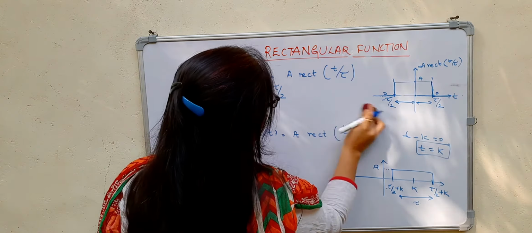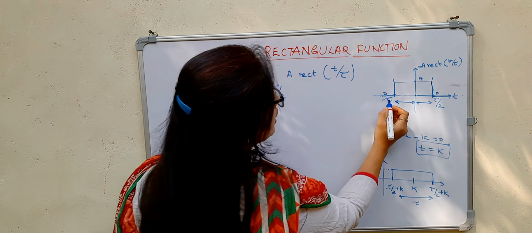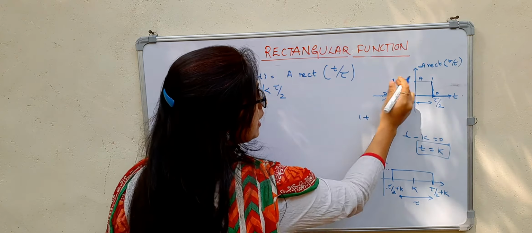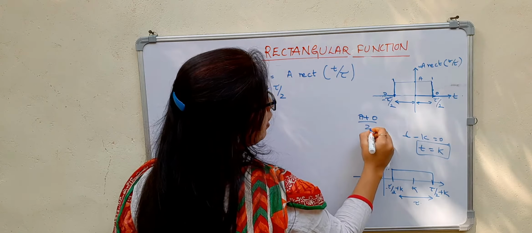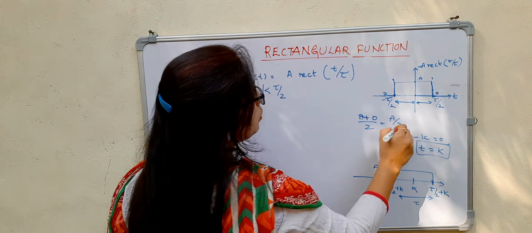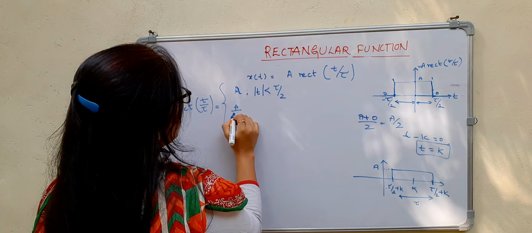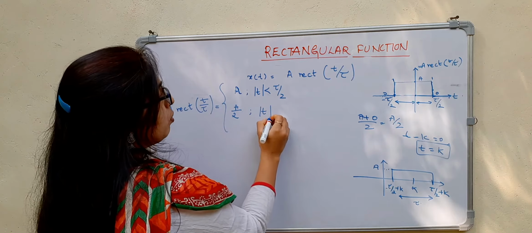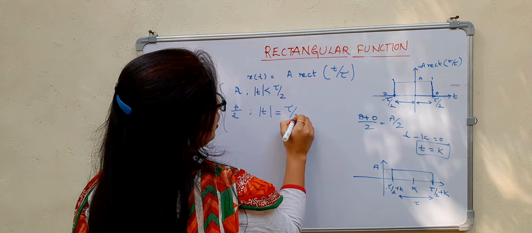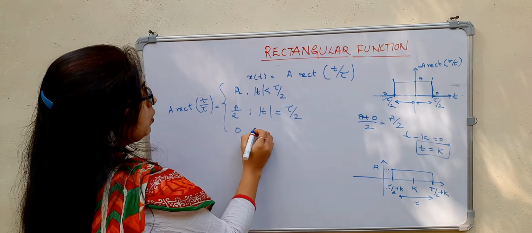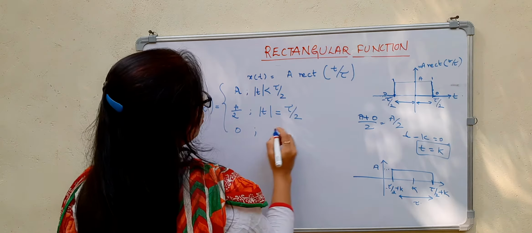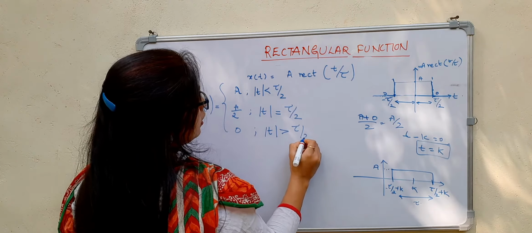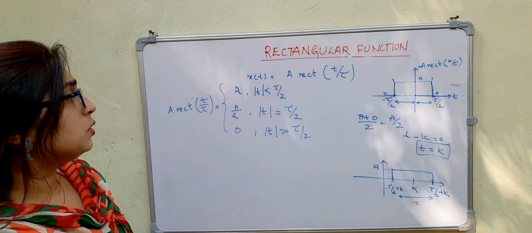And at these points, I can consider the average, that is A plus 0 divided by 2, equal to A by 2. So A by 2 at these two points, that is mod t is equal to tau by 2, and it will be equal to 0 elsewhere. That is, when mod t is greater than tau by 2, it will be equal to 0.